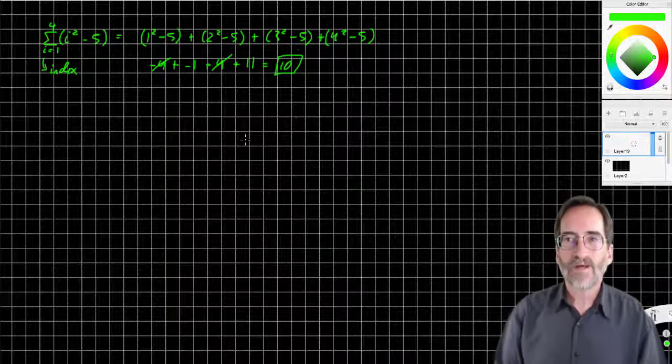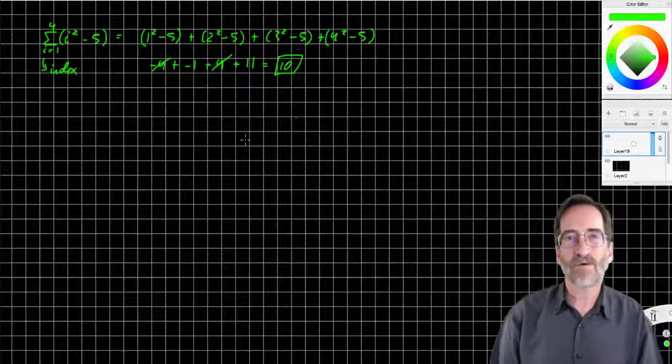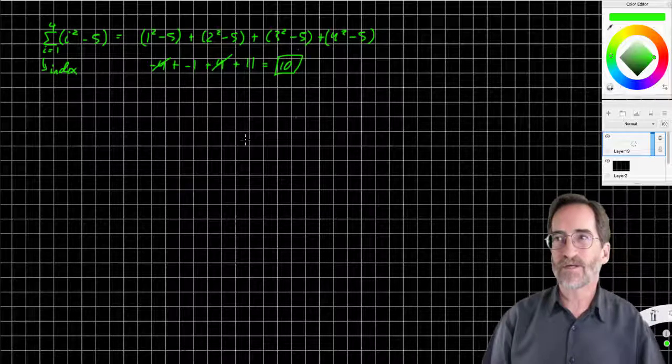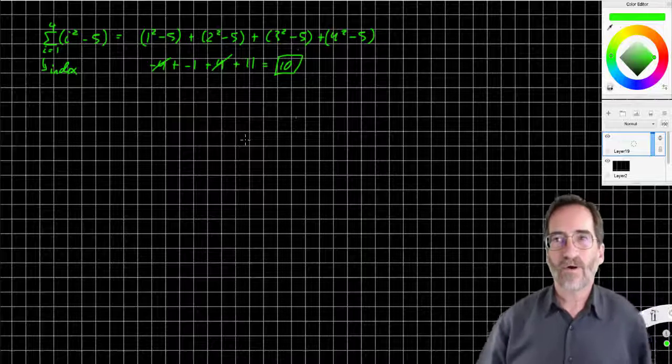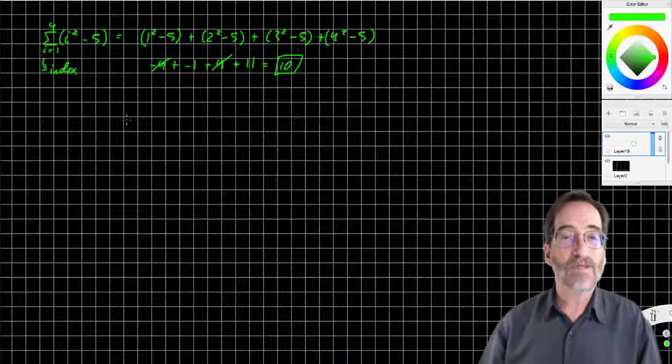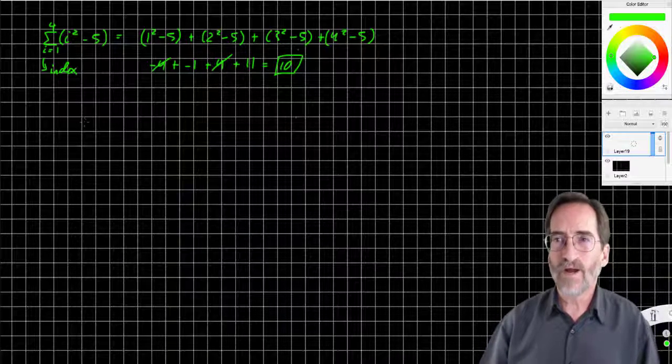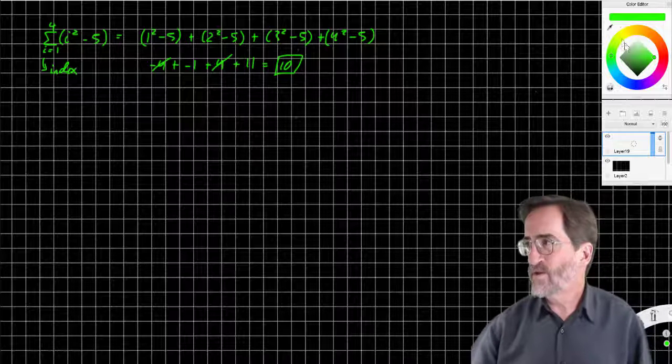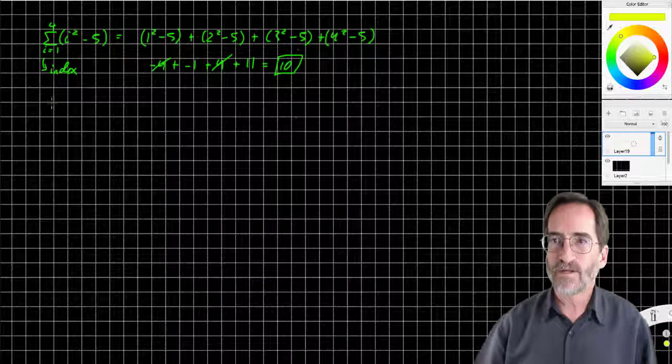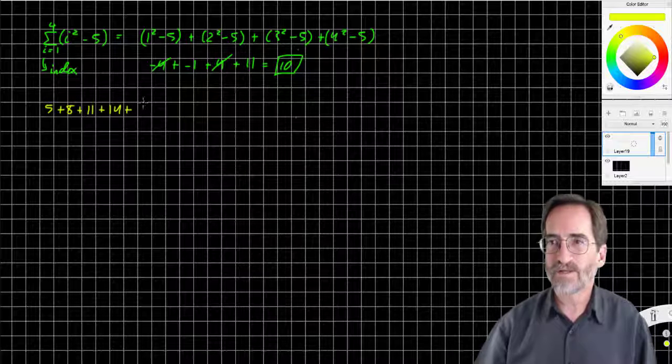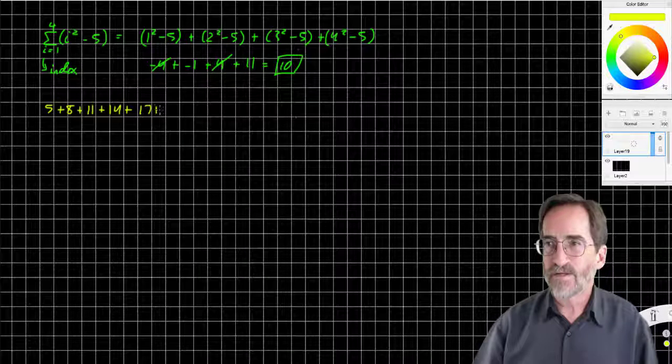So that's an introduction to sigma notation, and you can imagine it can be used for expressions that are immensely complex. All right, let's go back to our example of an arithmetic series. Let's say we have the arithmetic series 5 plus 8 plus 11 plus 14 plus 17 and so on.